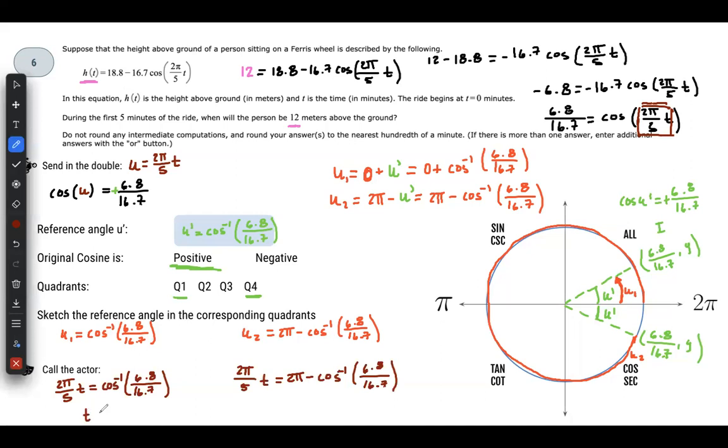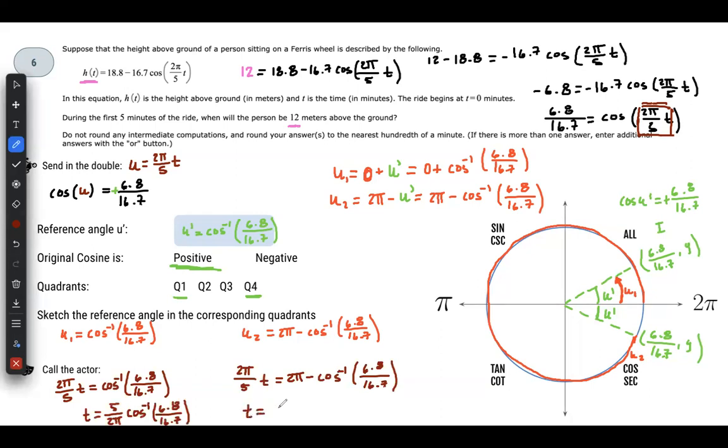So t is equal, I'm going to multiply by 5 and divide by 2 pi. So that is 5 divided by 2 pi times the inverse cosine of 6.8 over 16.7. Go to your calculator and find exactly what that is.